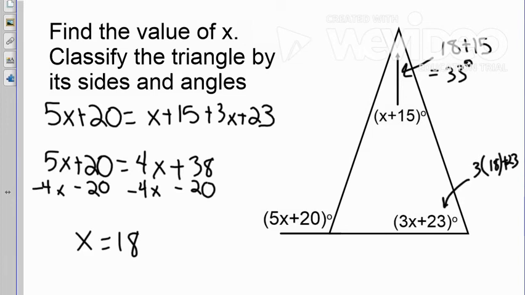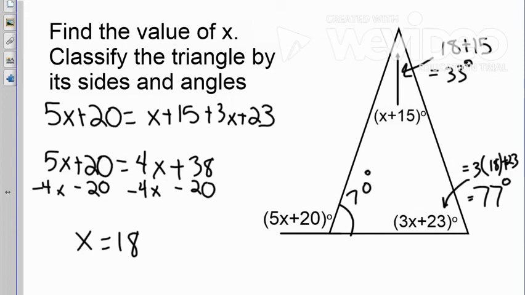So 3 times 18 is 54, plus 23 is 77. This is going to be 77 degrees. And then to figure out the rest, if we do 77 plus 33, we get 110, and then 180 minus 110. So this guy right here is going to be 70 degrees.